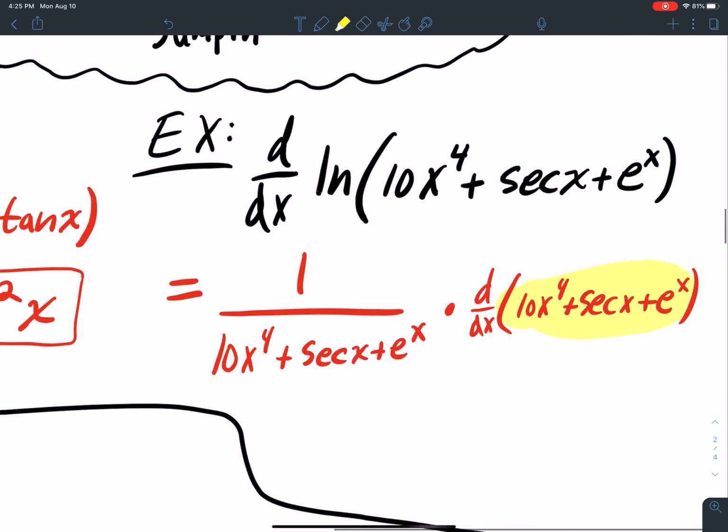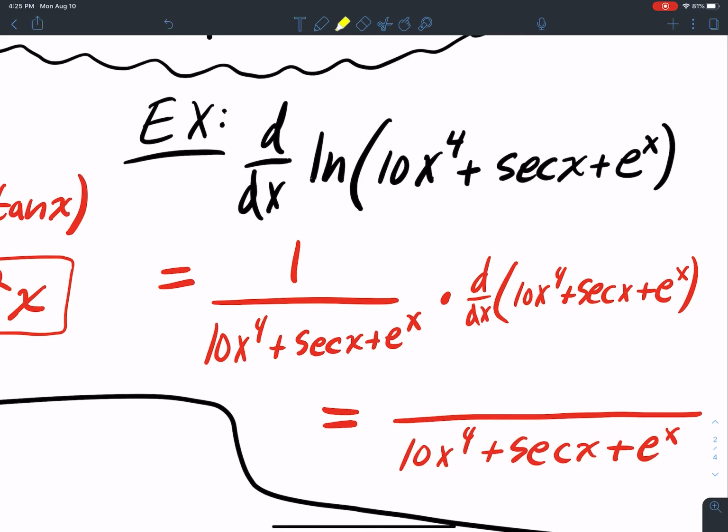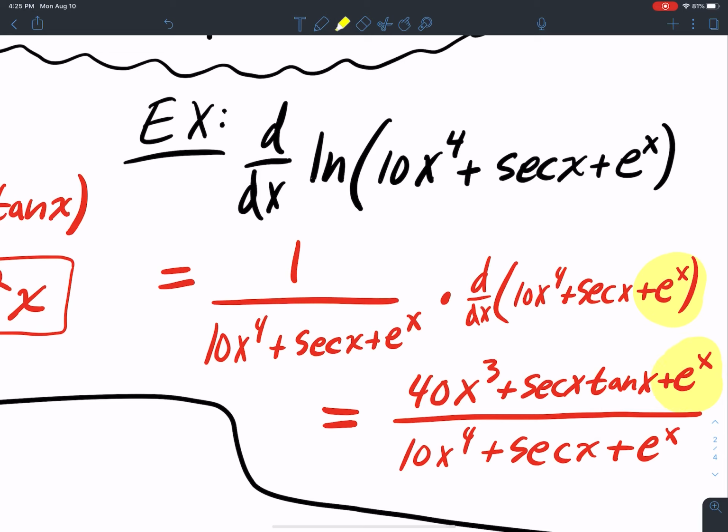The derivative of 10x to the 4th is 40x cubed. Then the derivative of secant is secant tangent, and the derivative of e to the x is so easy, it's e to the x. So that's the numerator, and this is the denominator.